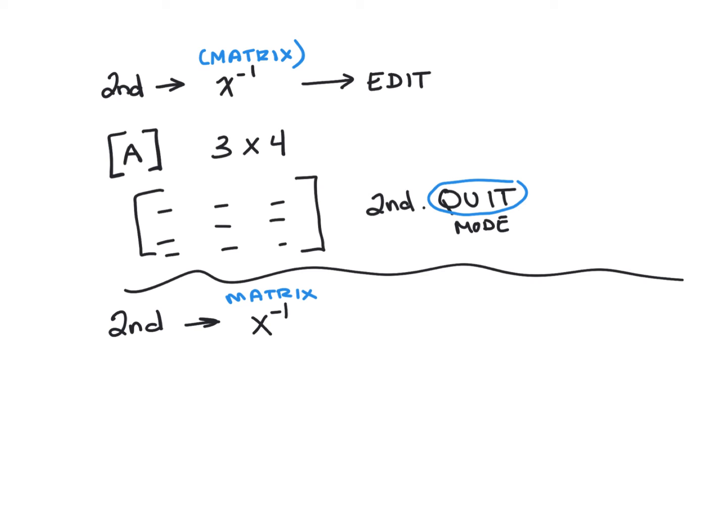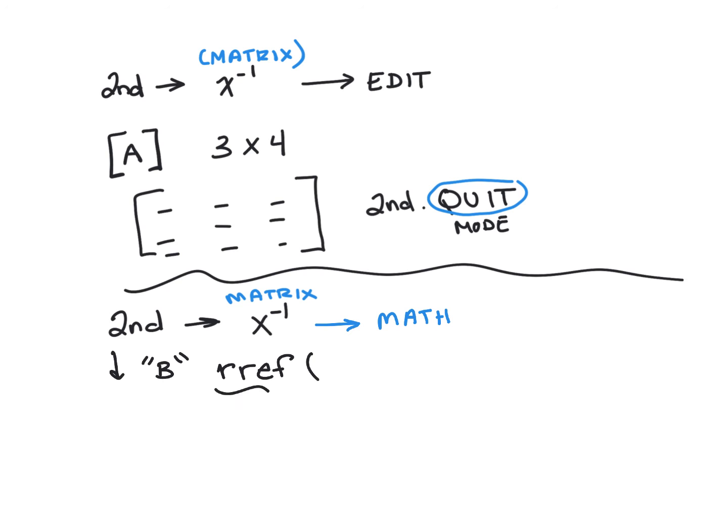You're then going to tab over this time to where it says math, because you're going to actually perform some math with this. So once you go over to math, you're going to scroll down. On my calculator, it's B, and it's going to say RREF. So you're going to go all the way down to B where it says RREF and hit enter.